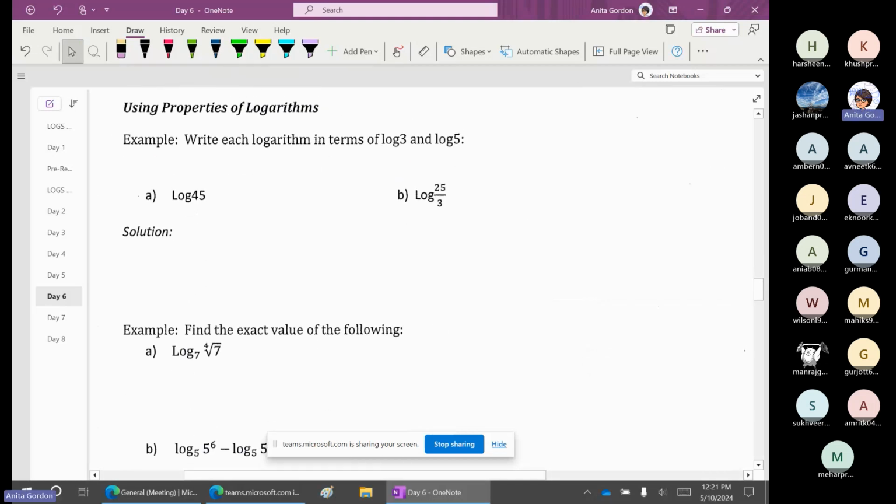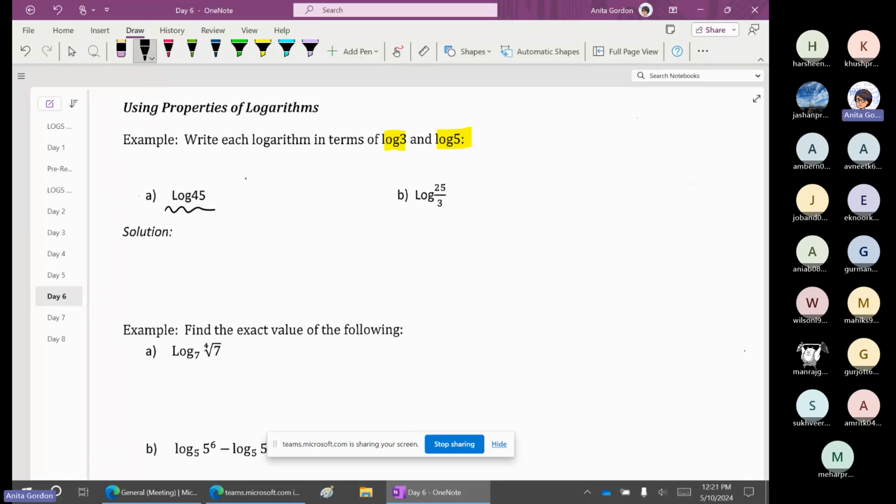Using properties of logarithms, write each logarithm in terms of log 3 and log 5. So looking at example A, log 45, what can I write this as? What makes 45?